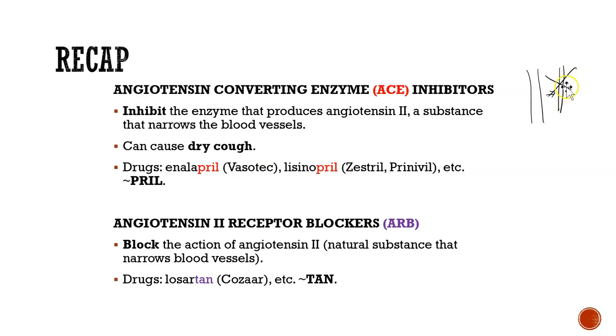So what I want you guys to do is think about, when you think of ACE, these type of drugs, know that it ends in pril. Okay, PRIL. They all end in pril. And interestingly enough, it has a dry cough. That's like the biggest side effect. So perhaps to remember this, you could think of yourself playing cards, and let's say you pick up a pile of cards and you get all ace cards. You're playing during the month of April.